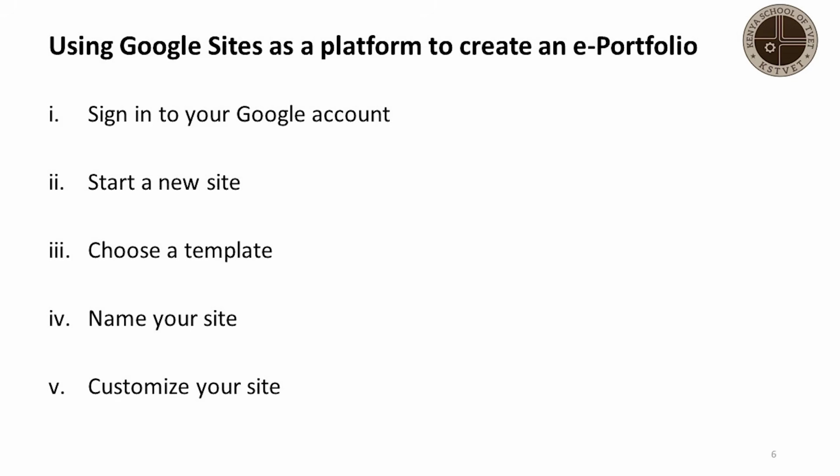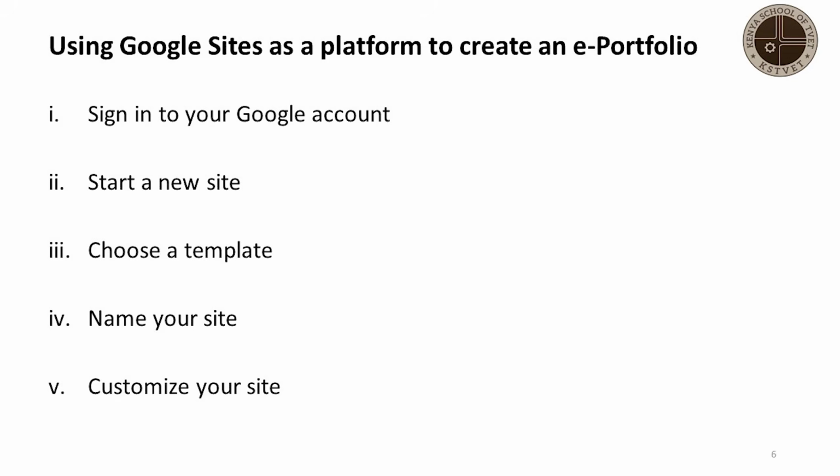Step 1. Sign into your Google account. Step 2. Start a new site. Once you are signed in, click on the Create button to start a new site.